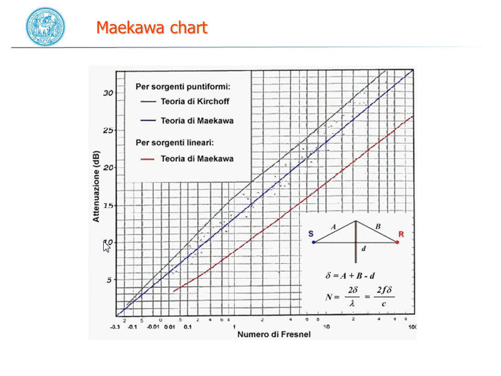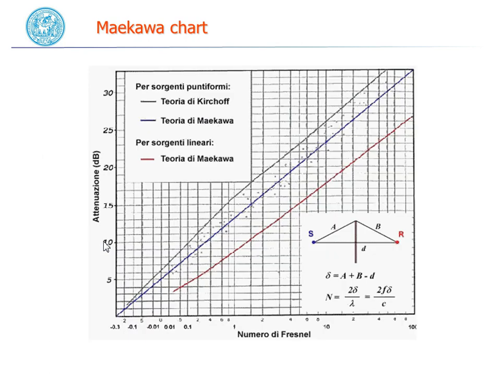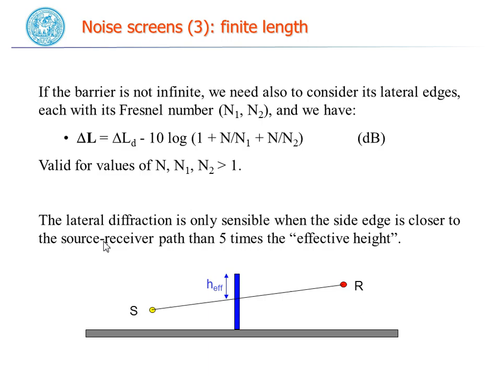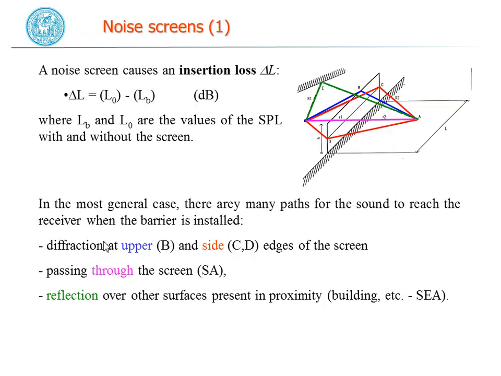So what happens if the screen is not large enough? Let's come back to the initial slide. What happens is that we have to consider lateral paths. Those lateral paths are negligible the longer they are compared to the other path.